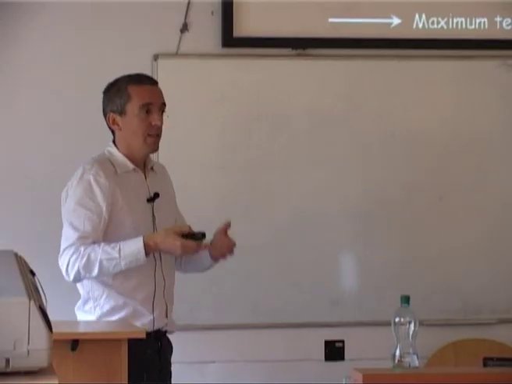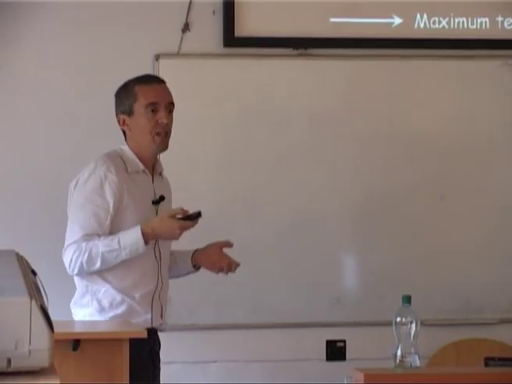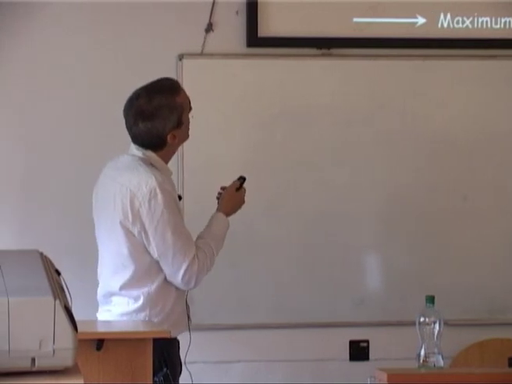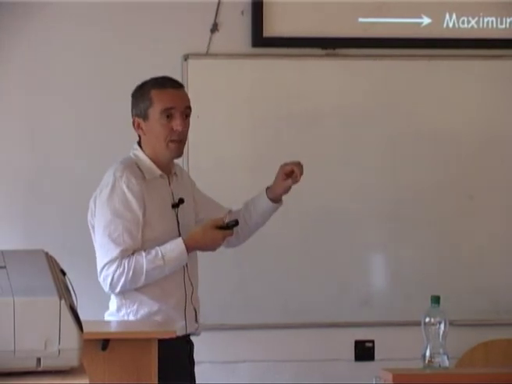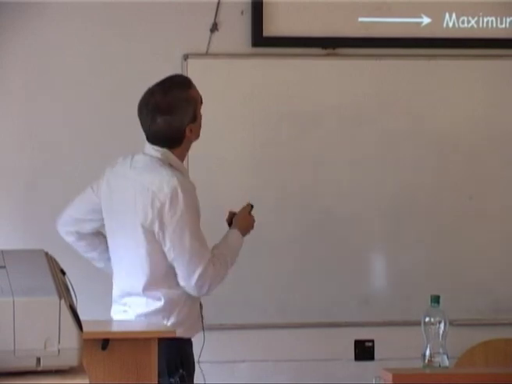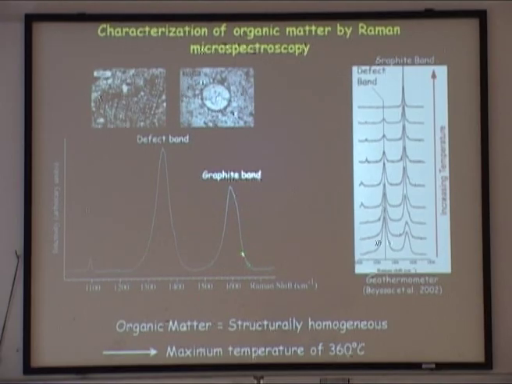You can start at a low magnification. You can use Raman microspectroscopy to characterize the carbon that is composing these fossils. And this is the typical spectrum you get everywhere on the carbon in these fossils. We can use this spectrum to assess the temperature that was experienced by these objects.